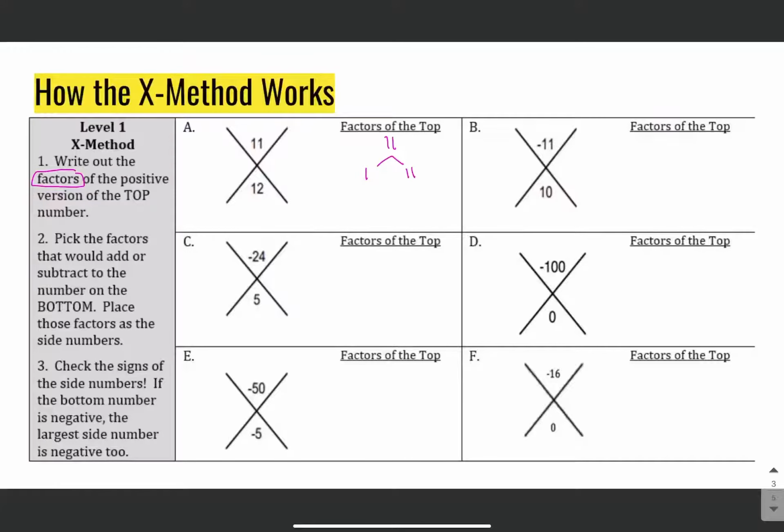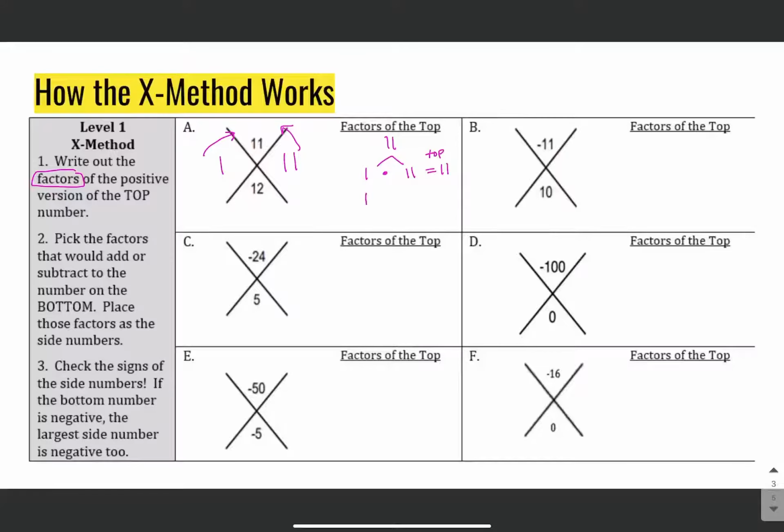Once I have these factors, I'm trying to figure out how they would combine, aka how they could add or subtract to equal the bottom number. My only factors of 11 are 1 and 11. So it works out nicely for us because they need to multiply. We know that 1 times 11 is 11, and that's our top.